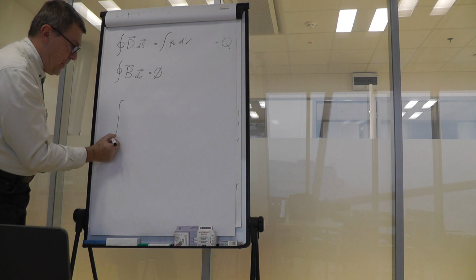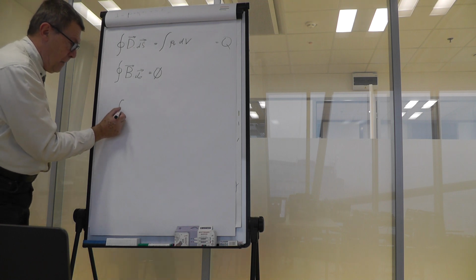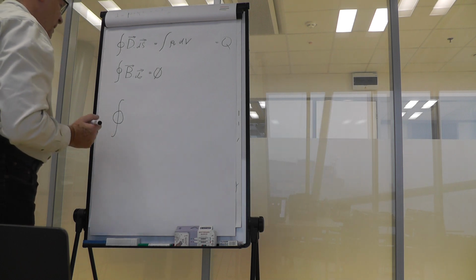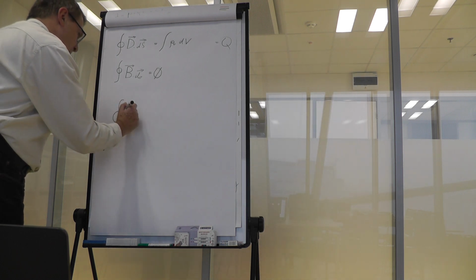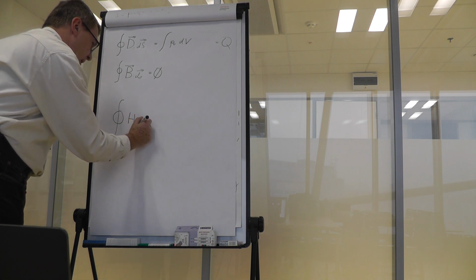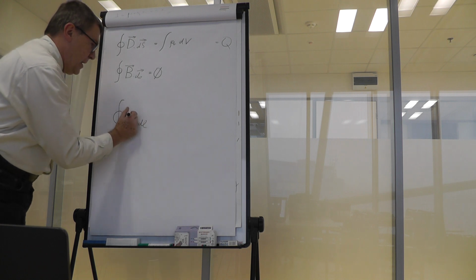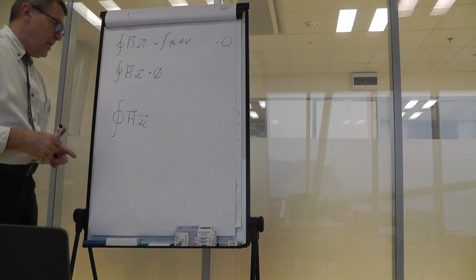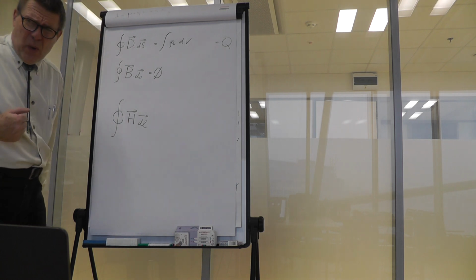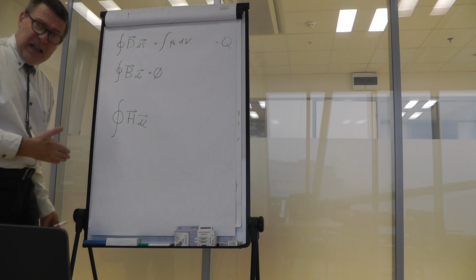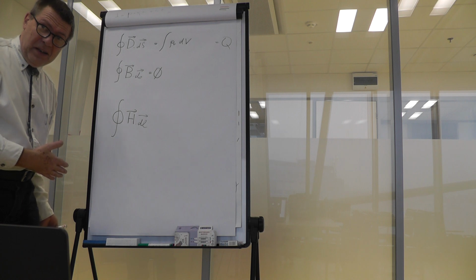So if we have an integral through a closed path of the magnetic field intensity times the element of that path, we already know that. This is the left-hand side of Ampere's law.